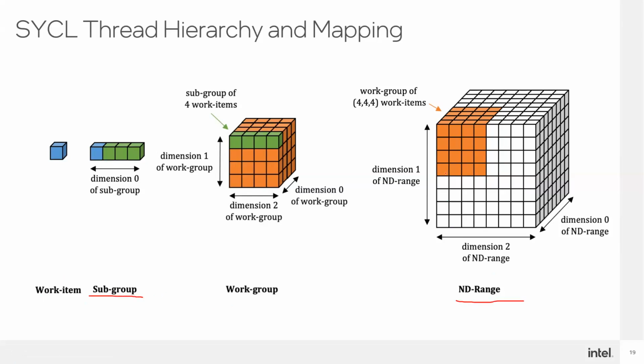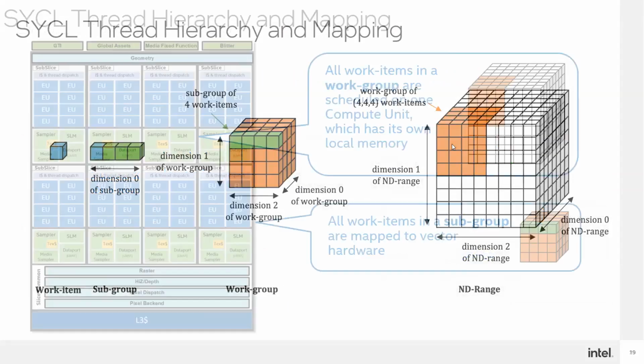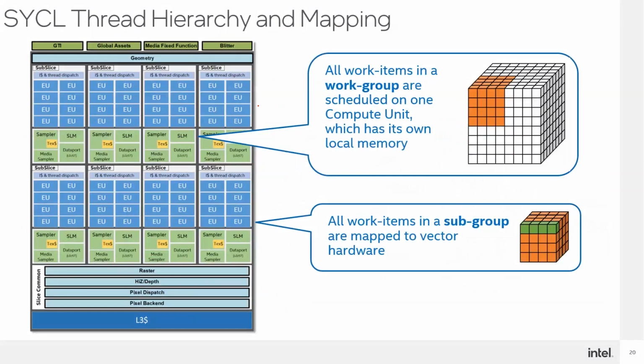And the thing is, when we are setting your range or nd_range, you can control the sizes of these work groups. So in the previous quite trivial example with basic parallel kernels, you're just passing a range and a full iteration space, but you don't control the way how this iteration space is split further into work groups. It's done automatically for you. However, you have a way to do this, and this may be important to get efficient code running on your accelerator.